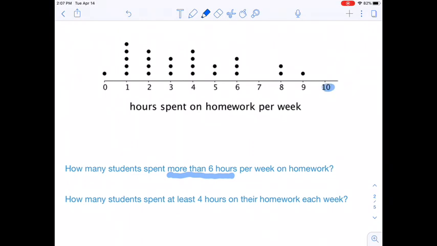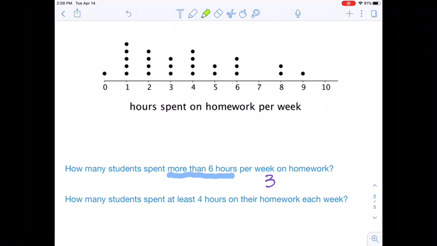I know 10 is more than 6, 9 is more than 6, 8 is more than 6, 7 is more than 6, but is 6 more than 6? No, they're equal. I can't include 6 because 6 is not more than 6, it's equal to 6. So how many students spent more than 6? Here they are. 1, 2, 3 students spent more than 6 hours per week on homework.